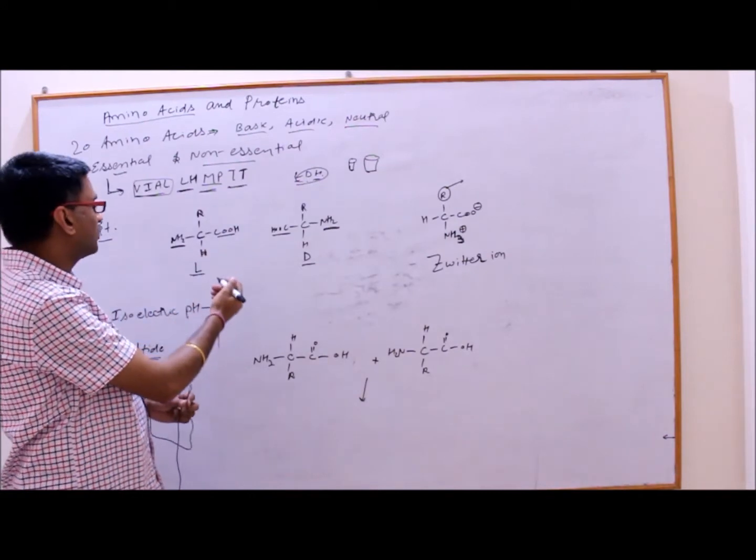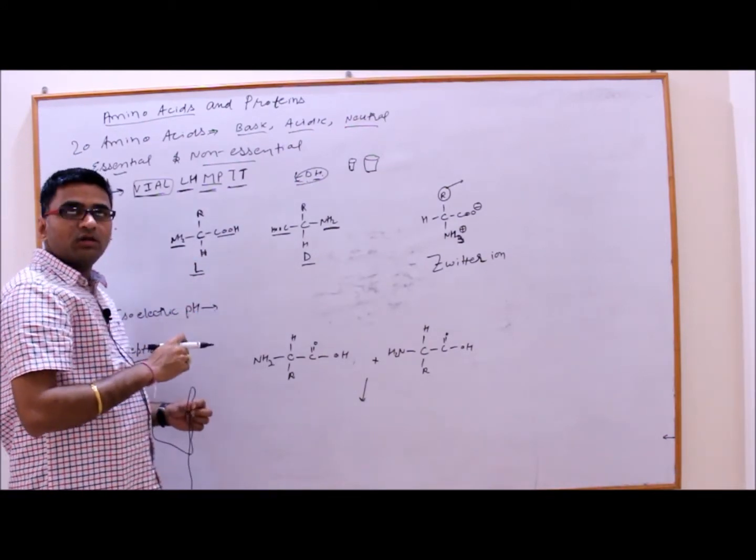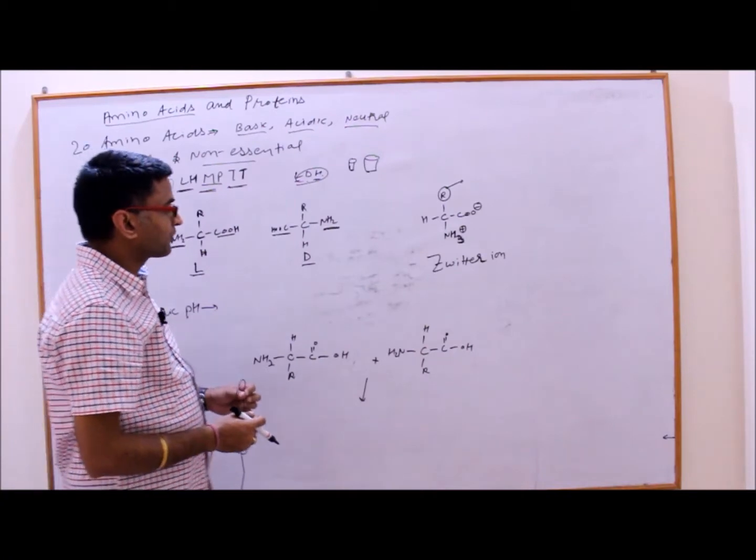So all naturally occurring amino acids are L in form and all carbohydrates are D in form.